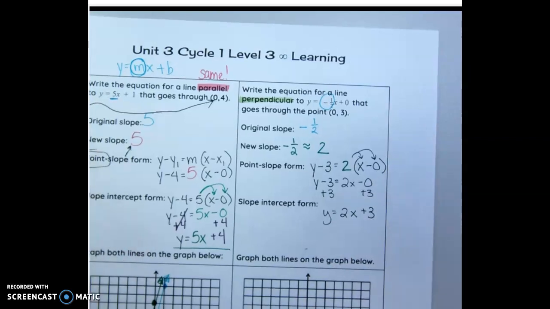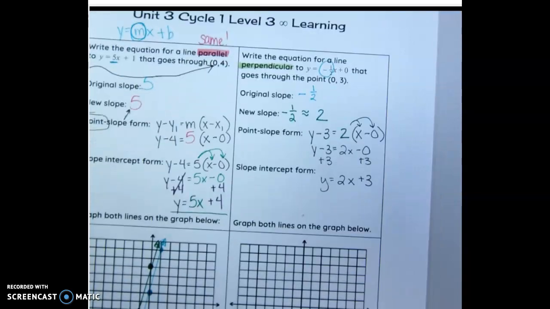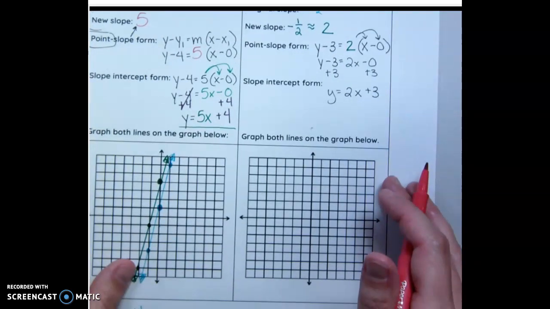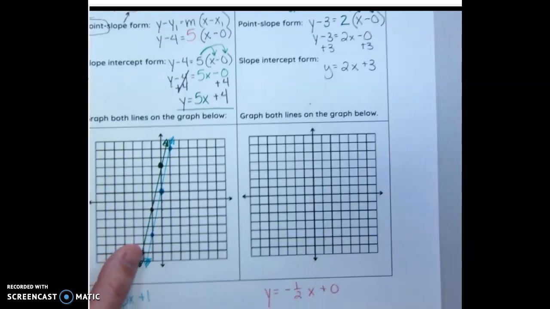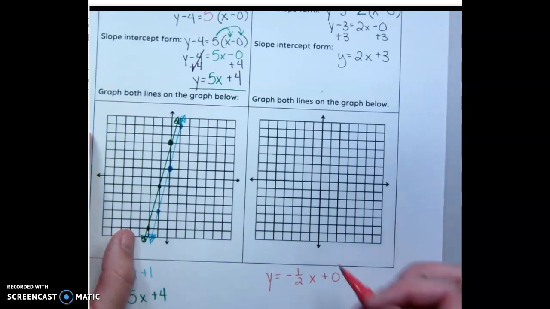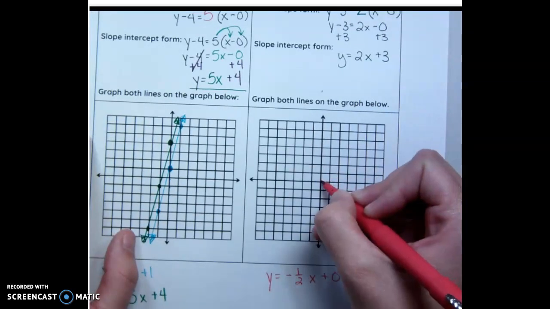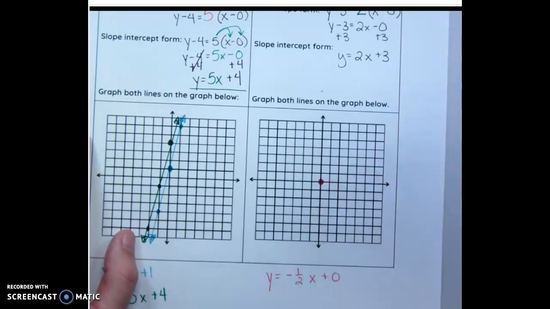And now it wants us to graph both lines on the graph below. So my original one, I'm going to use a different color this time. I'm going to use red. The original line is y equals negative 1/2 x plus 0. My y-intercept is 0. It's at the origin, so it starts right here.